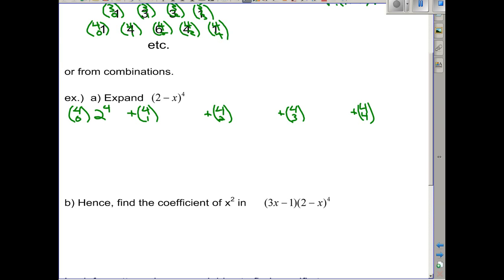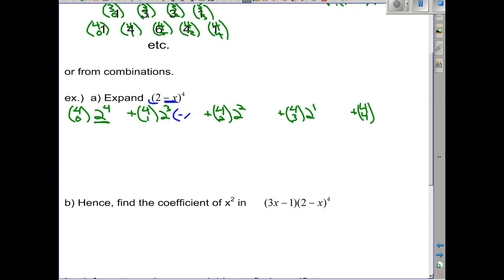Now, as I go across, initially I had 2 to the power of 4. Now I'm going to have 2 to the power of 3, 2 to the power of 2, 2 to the power of 1, and finally 2 to the power of 0, which is just 1. I don't have to show it. See how the powers went down on this first term in the binomial? Now we're going to take the second term, and its powers are going to go up.